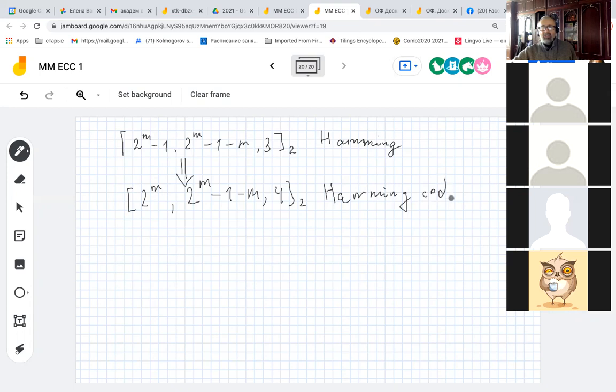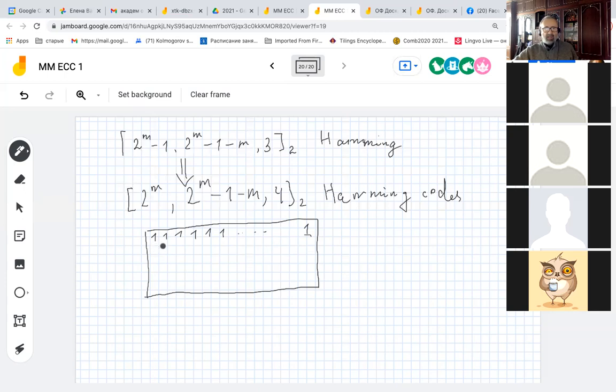And the parity check for those codes looks as follows. The first row consists of all ones. This means that in every code word, the sum of all symbols modulo 2 must be equal to 0. So all code words have an even number of ones.